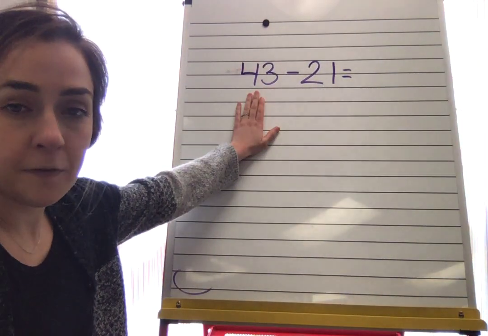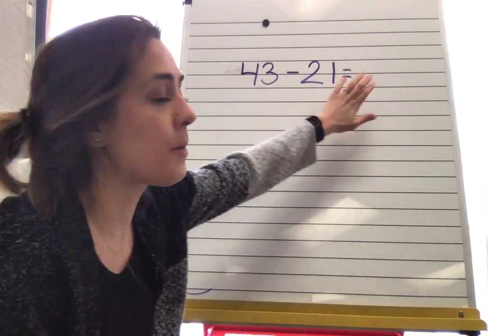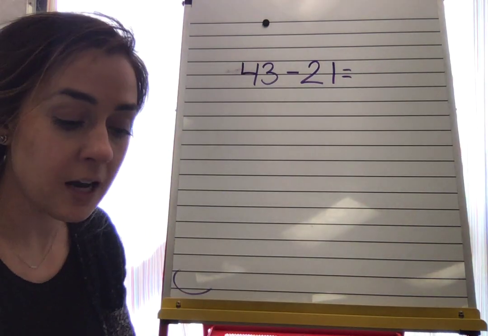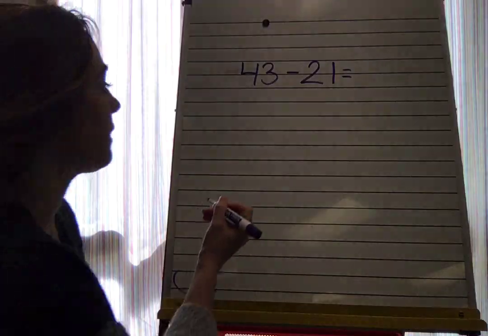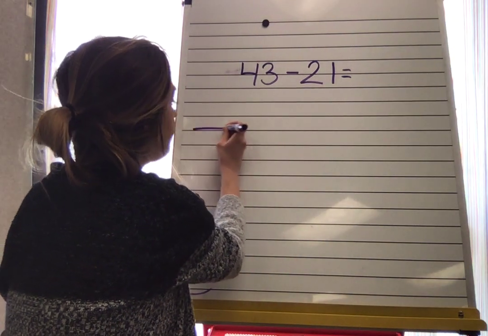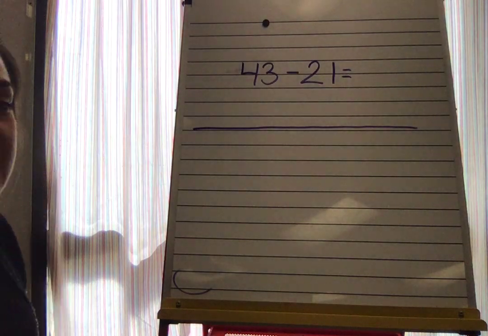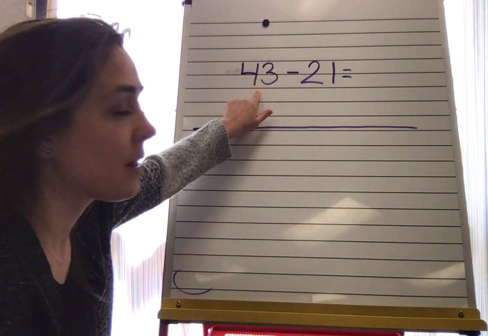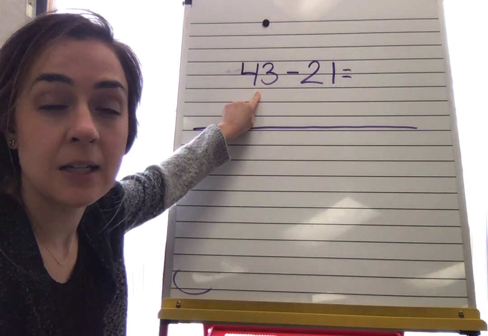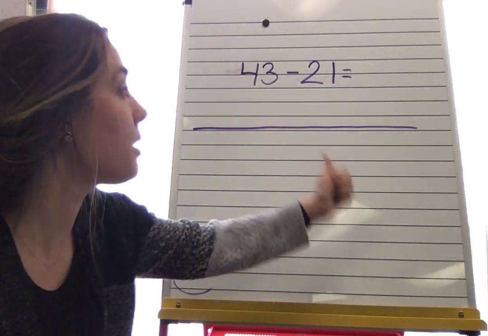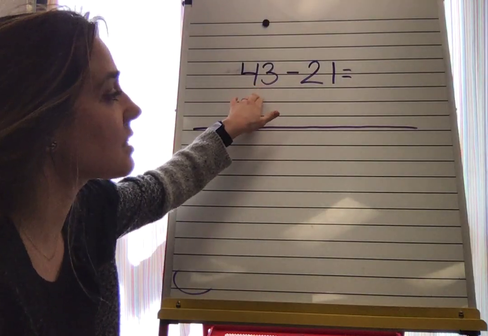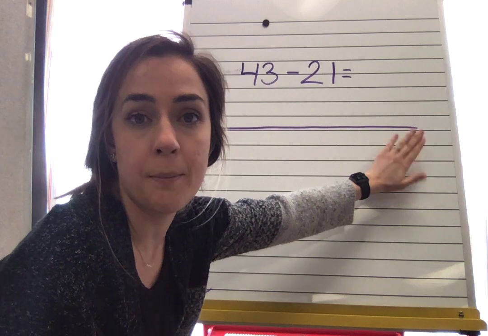So my bigger number is first, smaller number second, and I'm trying to figure out my answer. Now here's the biggest difference with the number line. I'm going to draw my number line. But this time, this number is where I'm going to start. But since I'm subtracting, I'm going to go backwards.